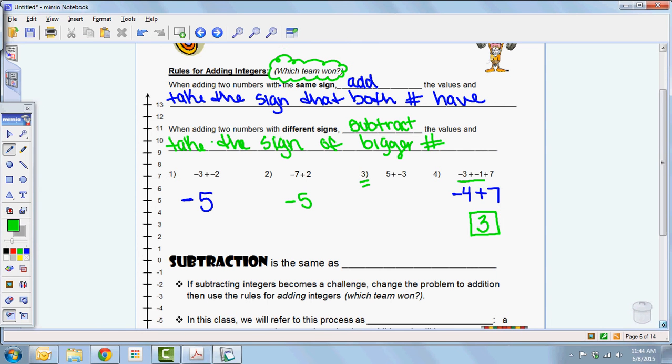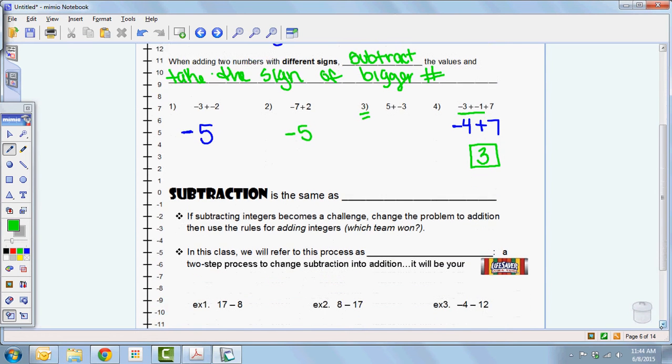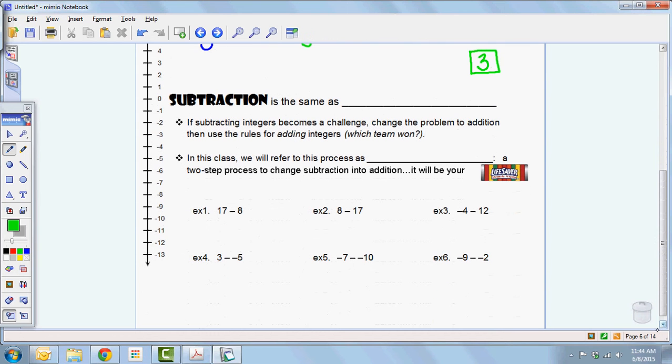Okay? All right, moving on to our second part of our learning target. This time we're going to have some subtraction problems. So subtraction is actually the same thing as adding the opposite.